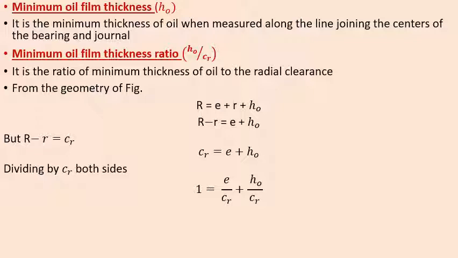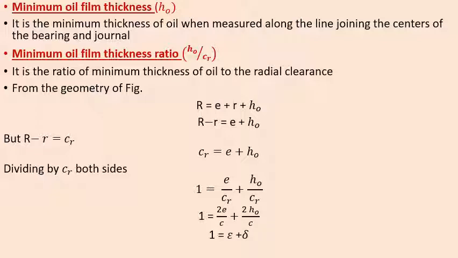So since CR is the radial clearance, which is nothing but the diametral clearance by 2, diametral clearance is indicated by C, so therefore CR can be written as C by 2. So 1 is equal to 2e by C plus, again here C by 2 means it will be 2H naught by C. So this is the expression that we get.